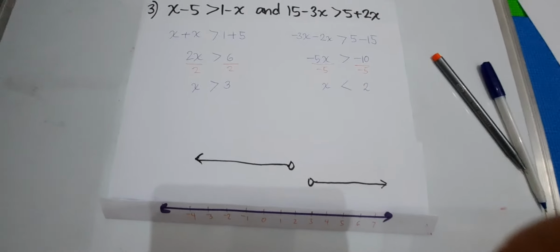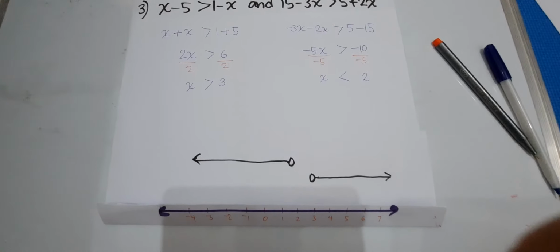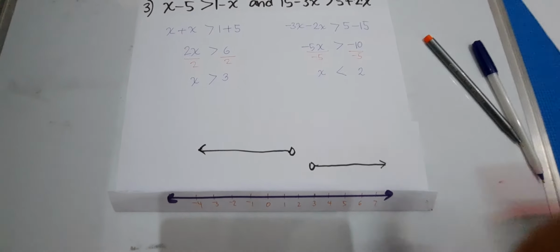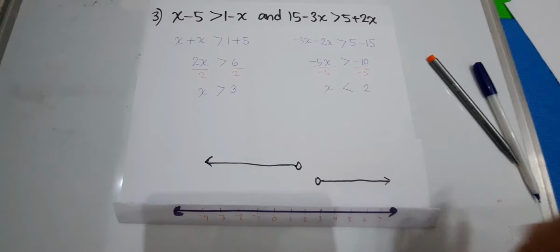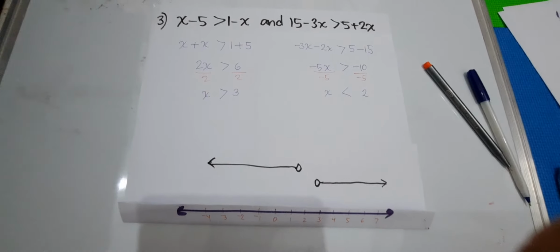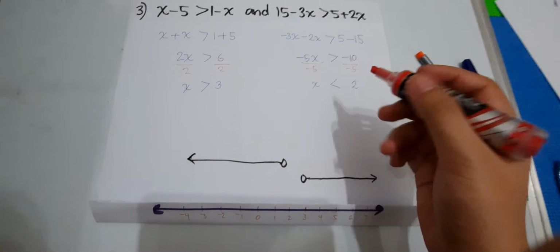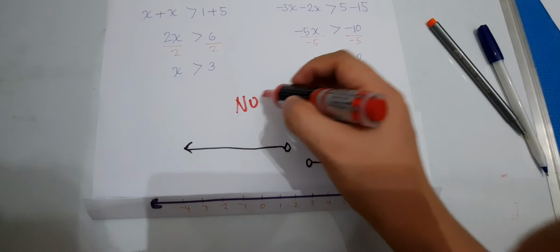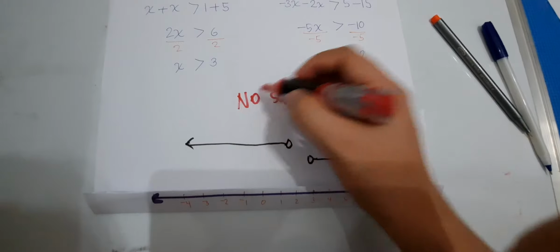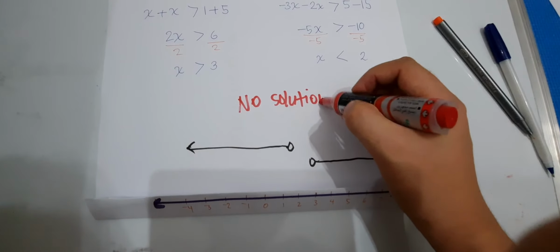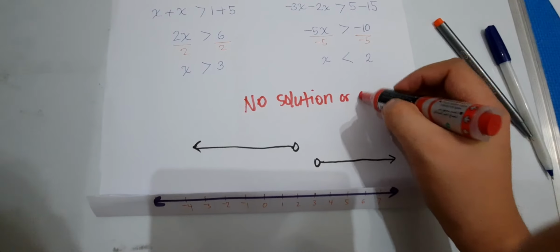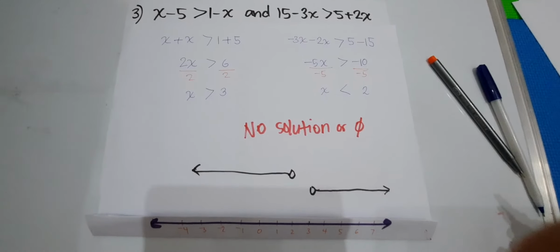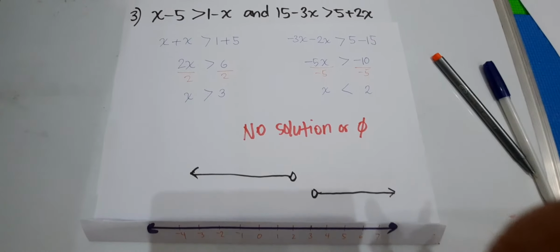Is there any part where they are together? Take note, we couldn't find any portion where they are together because the other is going here and the other is going here. Therefore, in this case, we don't have a solution. So, no solution, or empty set, since we couldn't find any portion where they are together.